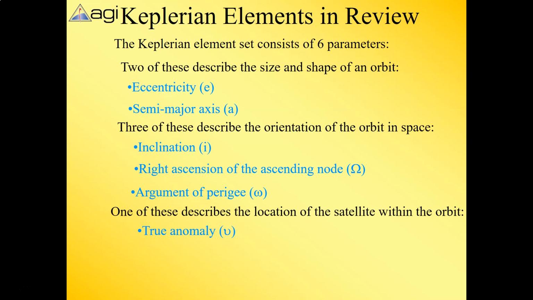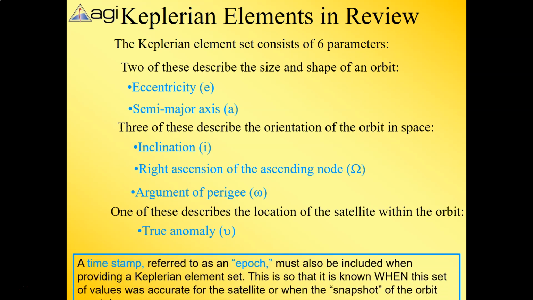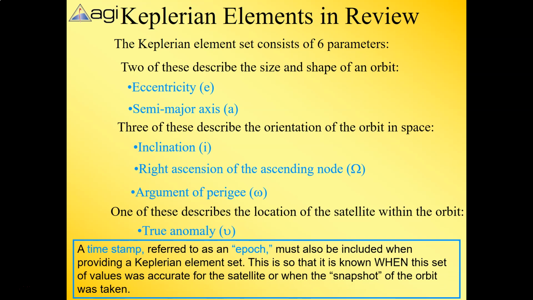But we also have to take a timestamp of it, referred to as an epoch. It must be included every single time we provide a Keplerian element set. This is so that it is known when this set of values was accurate for the satellite, or when the snapshot of the orbit was taken.